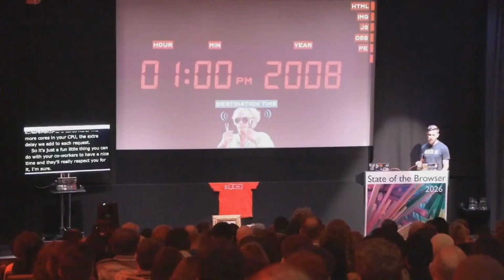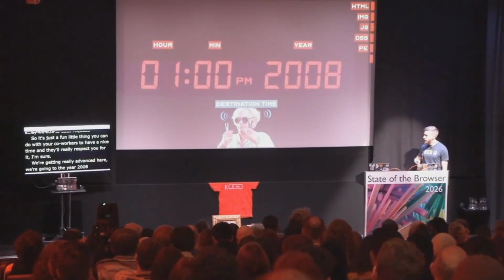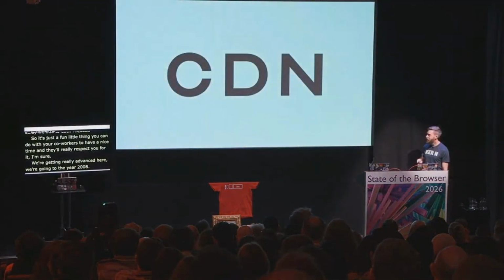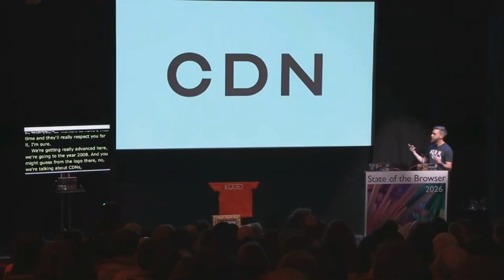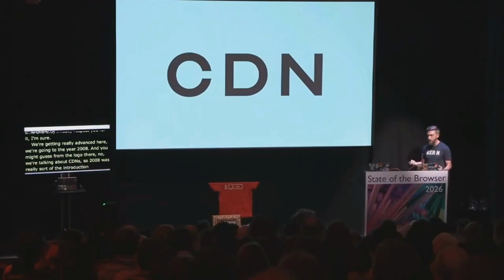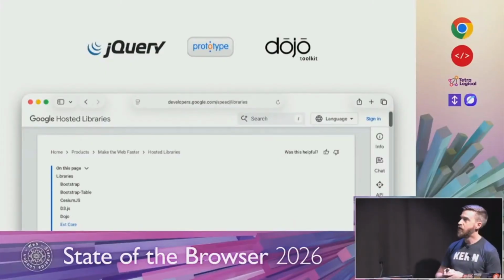We're getting really advanced here. We're going to the year 2008. And you might guess from the little logo there, no, we're talking about CDNs. So 2008 was around the time that jQuery was very popular. And one of the things that the Google folks did is host jQuery on a CDN for everyone to use.